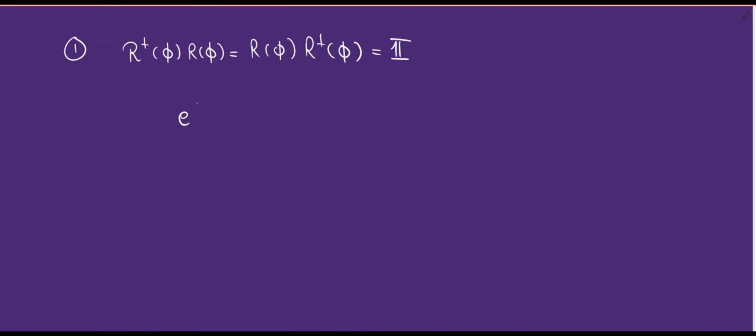Just take e raised to i phi n cap, that is the definition of the rotation operator. Take the dagger of it: e raised to minus i phi n cap into e raised to i phi n cap.